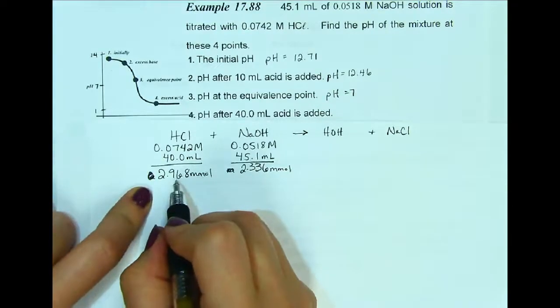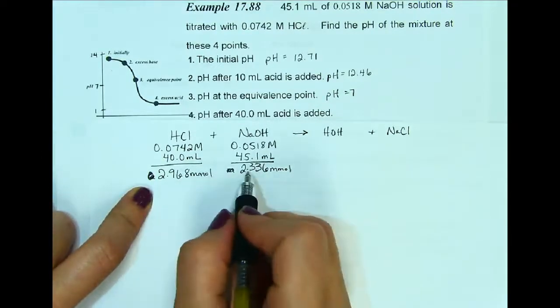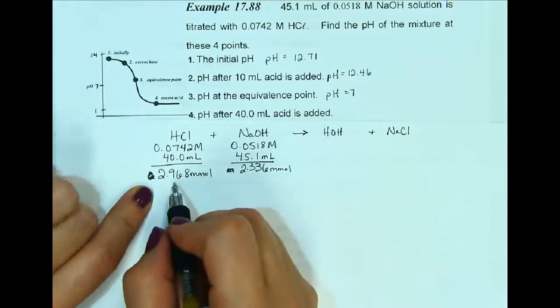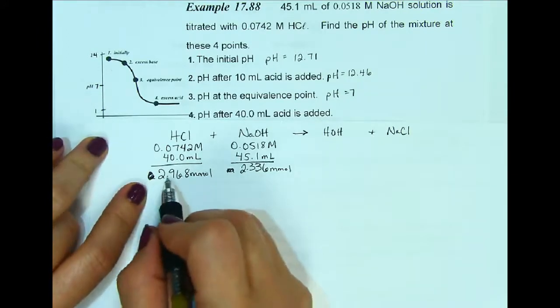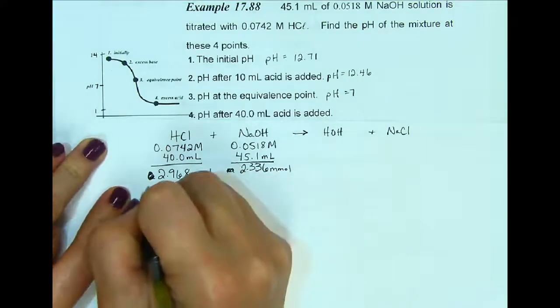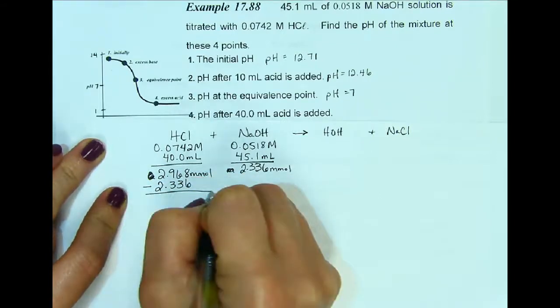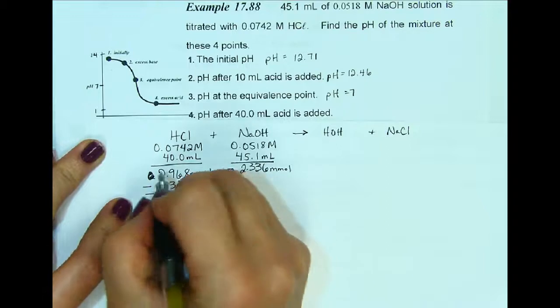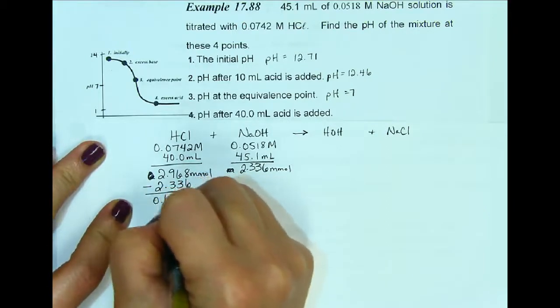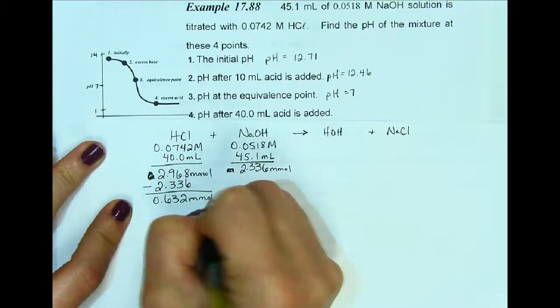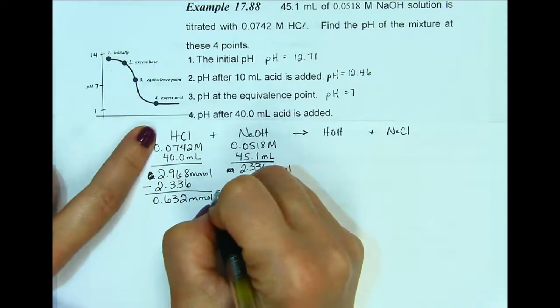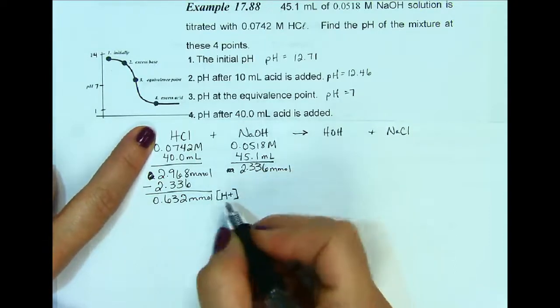Now notice that again these cancel out at a 1-to-1 ratio, and we have excess acid right now, so we expect there to be more of this than there is of this. So I'm going to subtract 2.336 millimoles from the acid, and what I have remaining is 0.632 millimoles of hydrochloric acid, but more importantly of hydrogen.